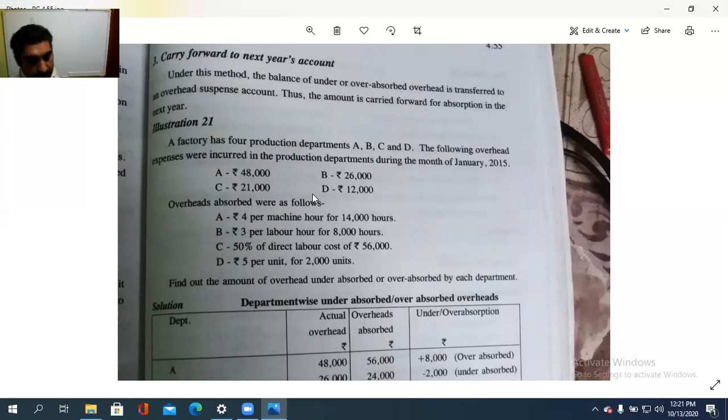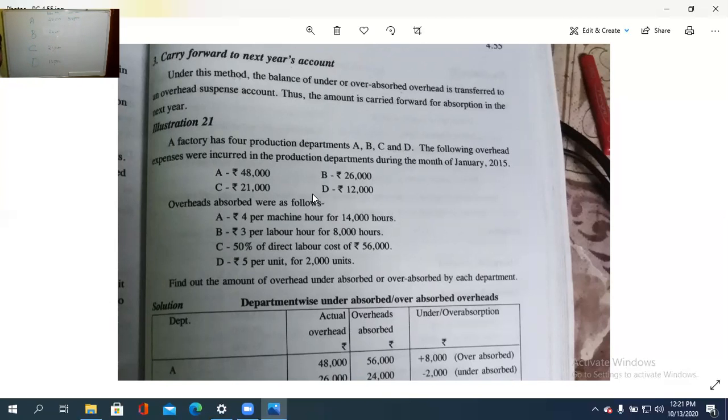Actual overheads are 48,000 for A, 26,000 for B, 21,000 for C, and 12,000 for D. Then overheads absorbed. A is 4 per machine hour for 14,000 hours, so 14,000 times 4 is 56,000.